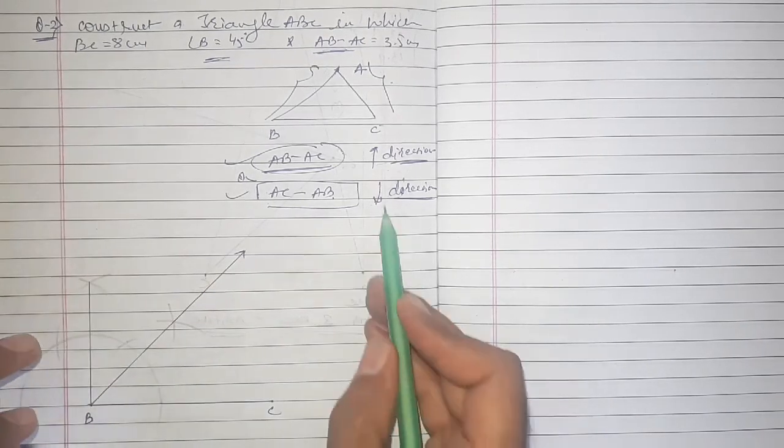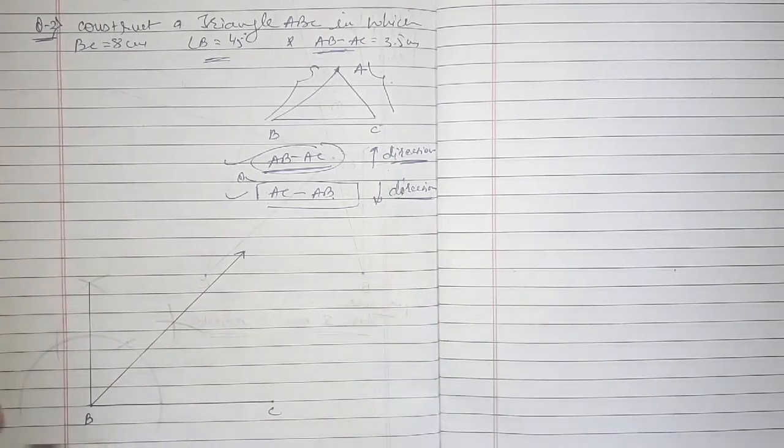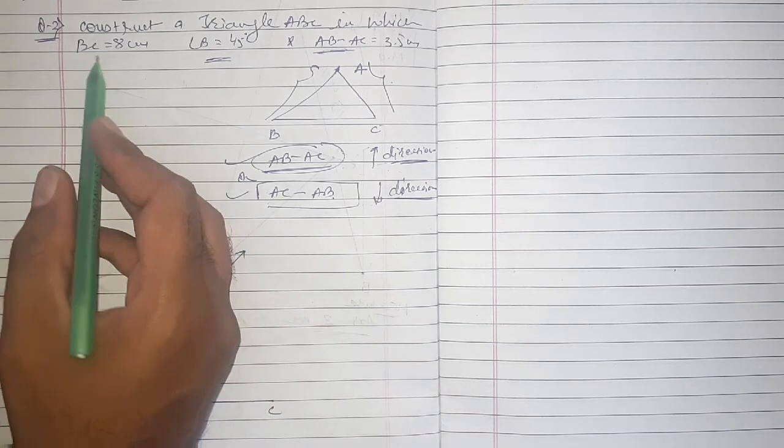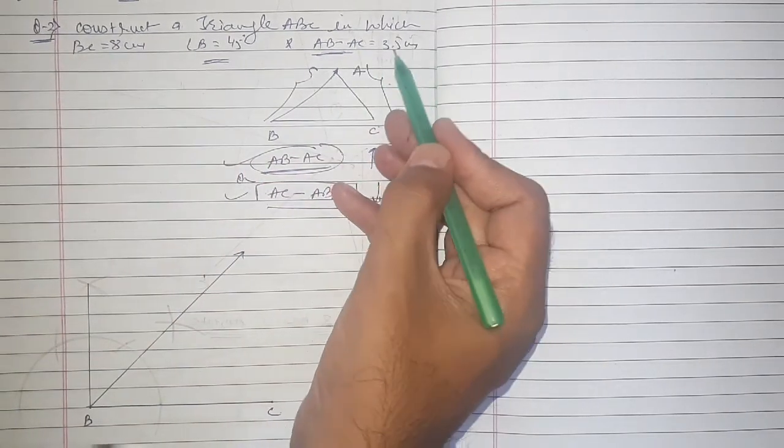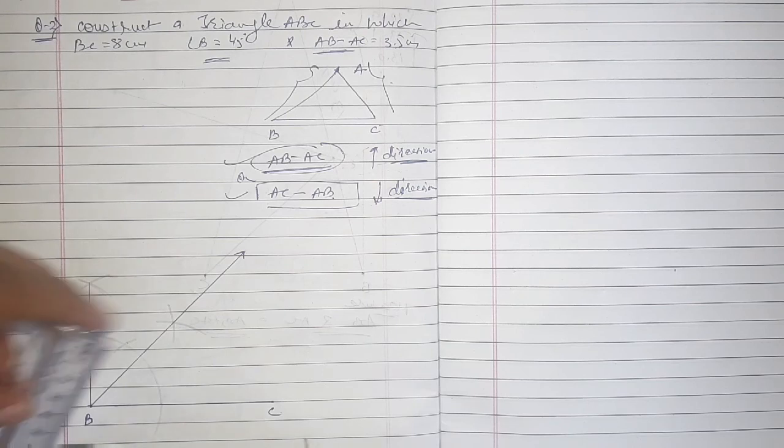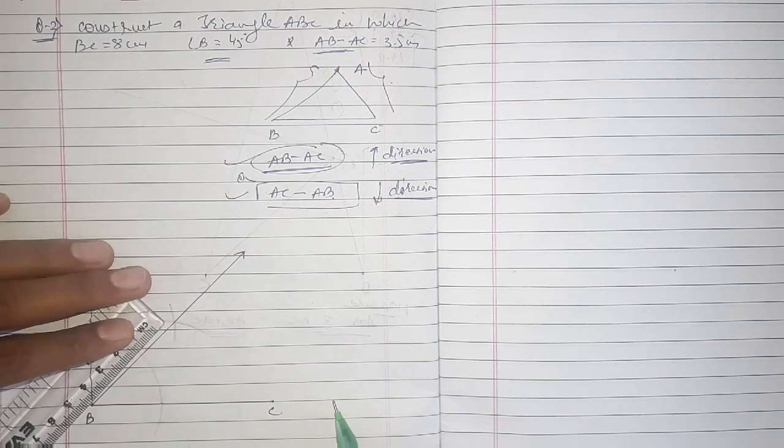Now it says that we have to draw in the upward direction. So in the upward direction, I'll take the subtraction AB minus AC as 3.5 centimeter.